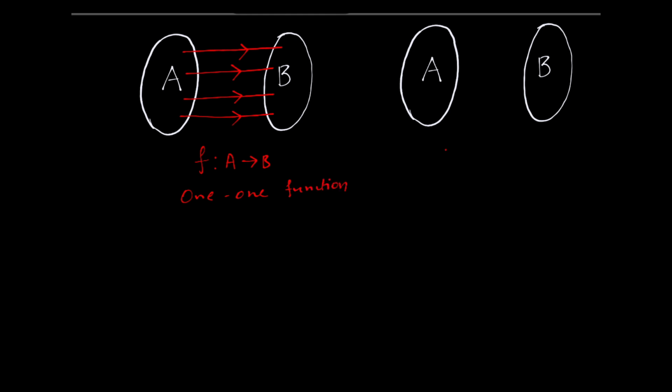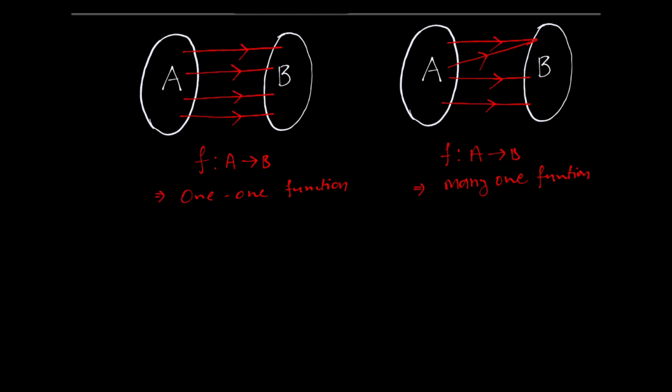And let's say f is a function mapping from A to B where f maps more than one pre-image in set A to the same image in set B, meaning for two different values in set A the same output is obtained in set B. Such functions are said to be many-one functions, or many-to-one functions.